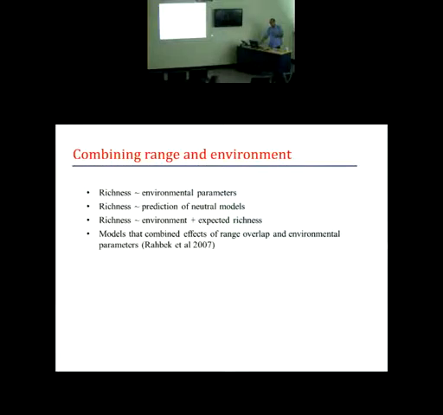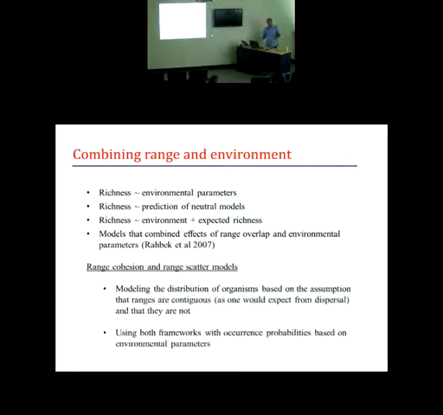Now, moving on from there, what clearly was required were models that would combine the effect of these range overlaps. It was becoming increasingly obvious that range could play a role in determining species richness patterns.